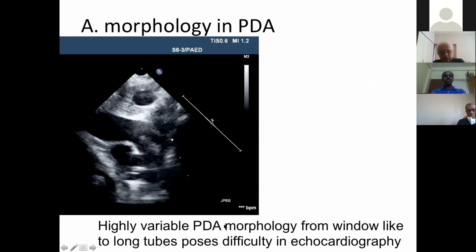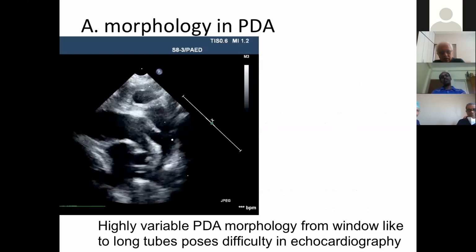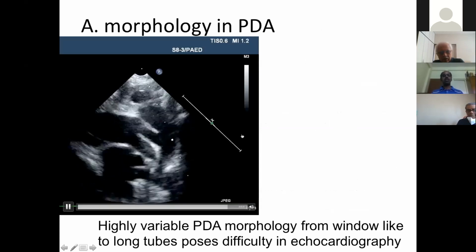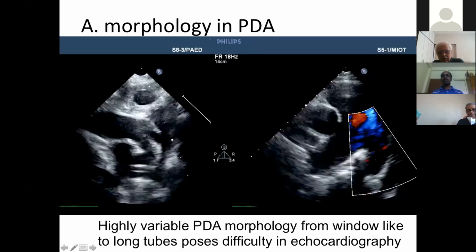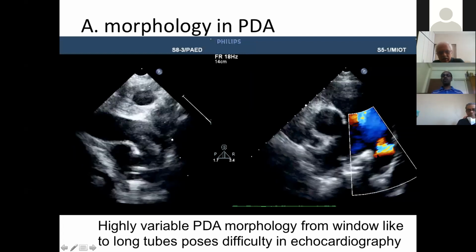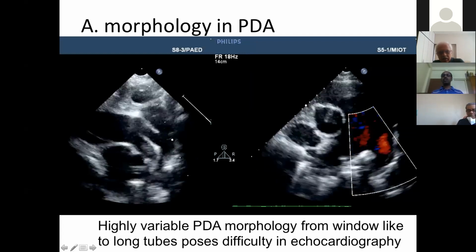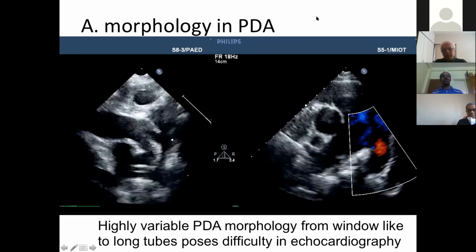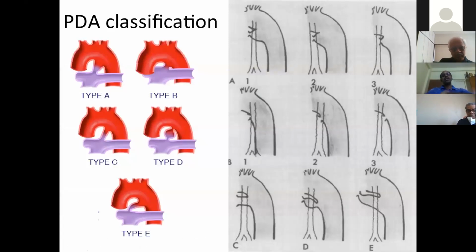Problems in echocardiographic diagnosis of a large PDA: the morphology of the PDA is highly variable. It is not standardized. You can have a PDA which is long and tubular. You can have another PDA which is completely a window, from the descending aorta to the main pulmonary artery, with no ampulla at all. So conventionally, long ago, Krichenko, Lee Benson, and Bob Freedom from SickKids Canada gave a classification.